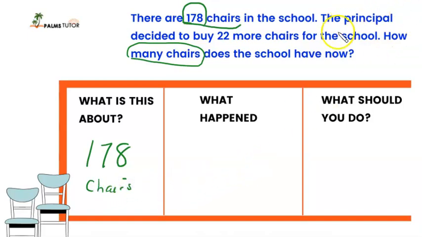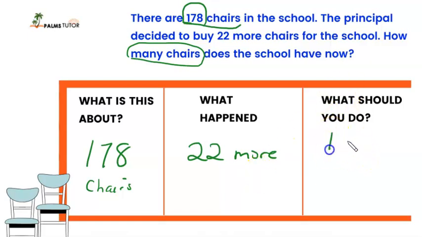Then let's move on to see what happened or what is going to happen or what is happening. The principal decided to buy 22 more chairs. There is 22 more. So how many chairs does the school have? What are we going to be doing with this? More. If you have more, that's an addition.